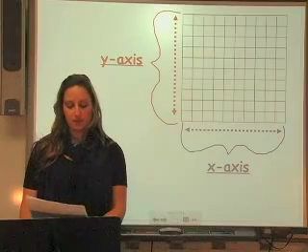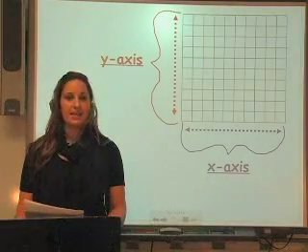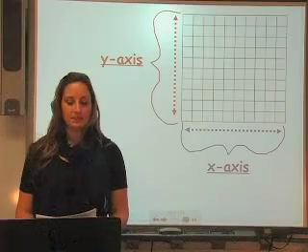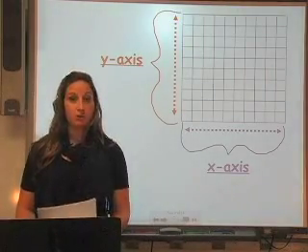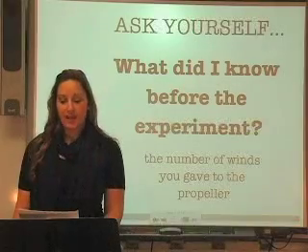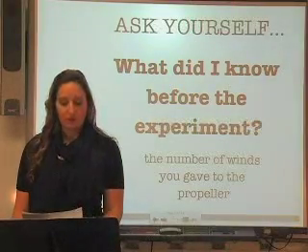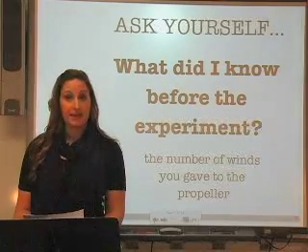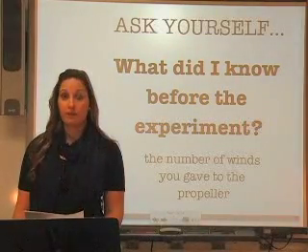In order to label each axis, you must first identify the independent and dependent variables. Now the issue is, how do we do this? You must first ask yourself, what did I know before the experiment? For example, before we began the air trolley flight experiment, what variable did you have control over?